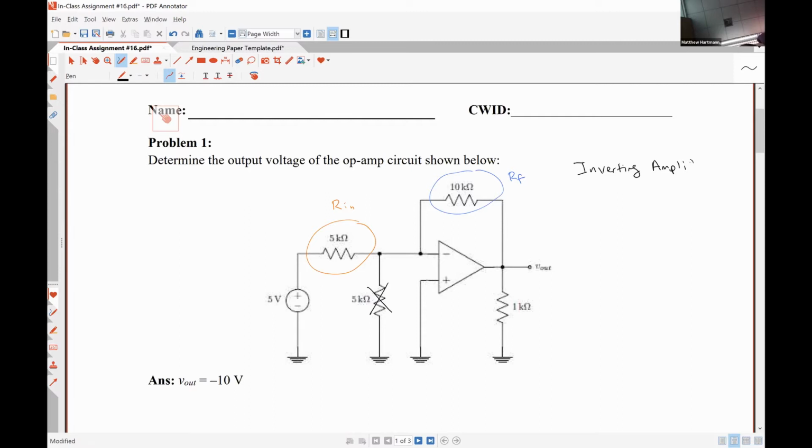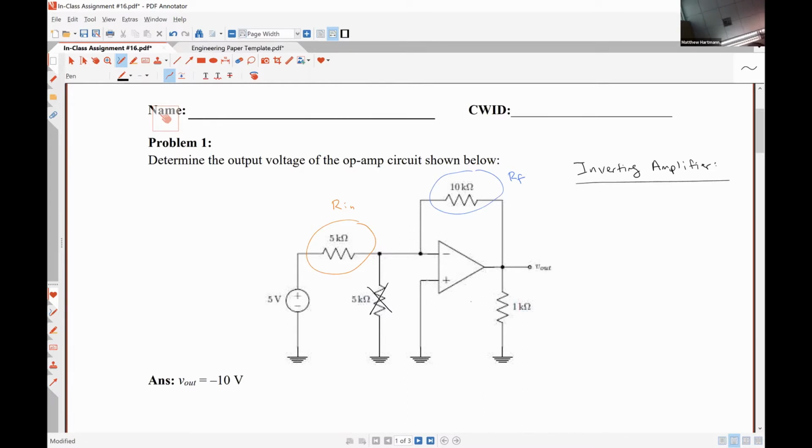We can come to that conclusion just by looking at where the input signal is placed. The input signal is placed on the leg of the input resistor as opposed to directly to the non-inverting input terminal.